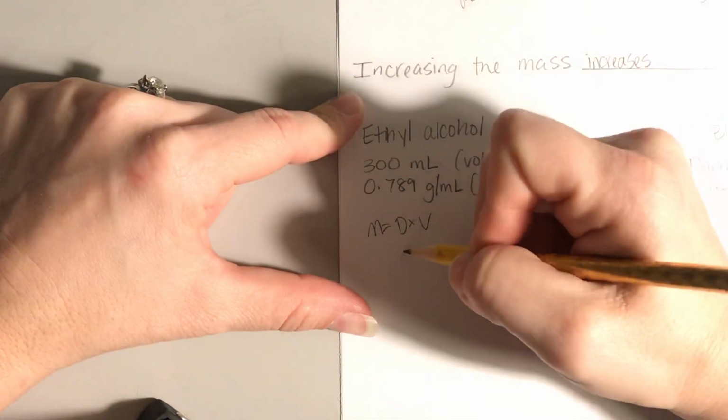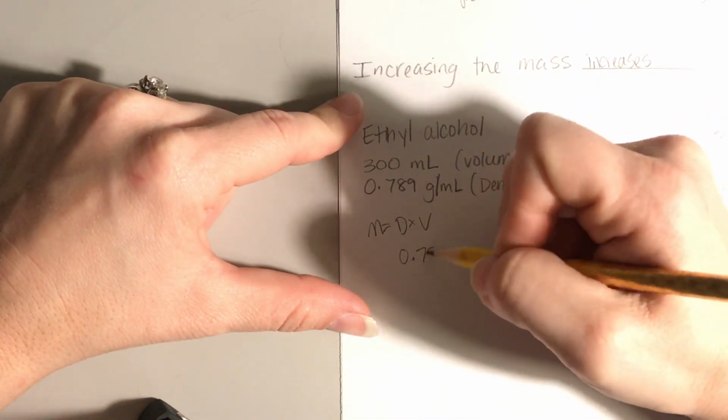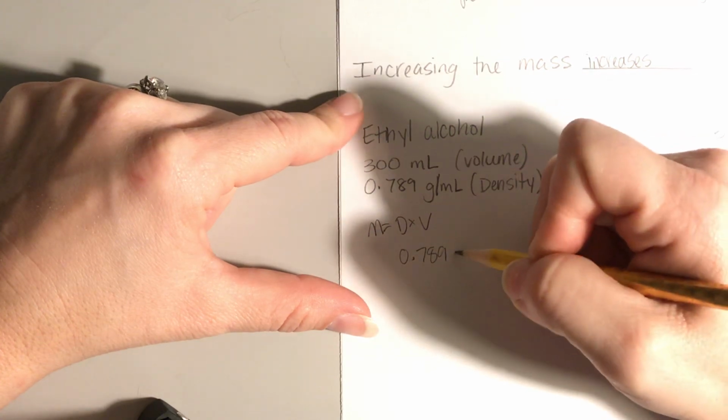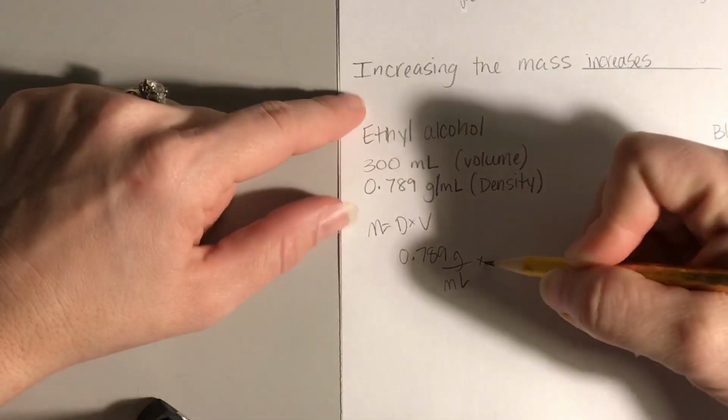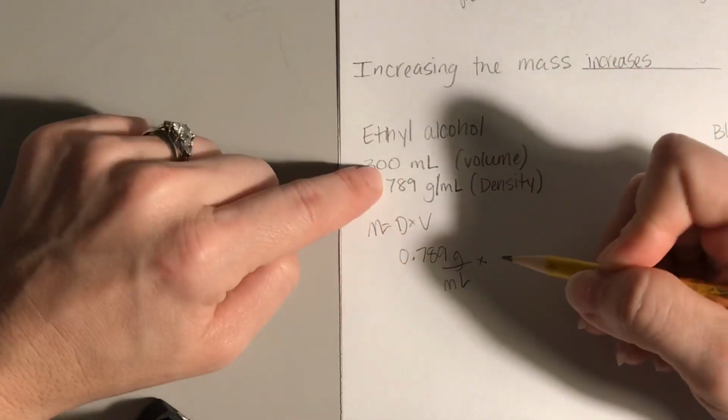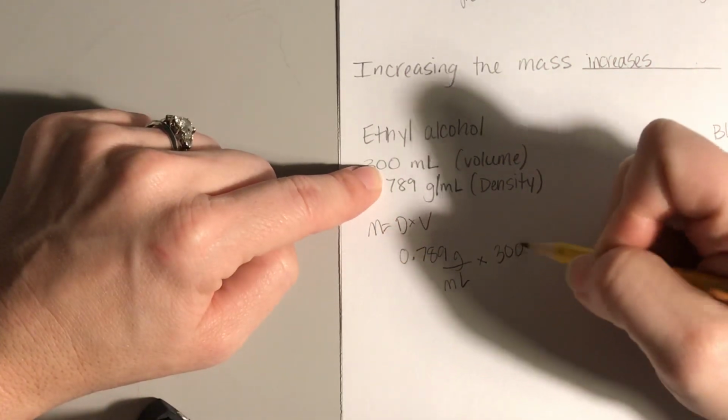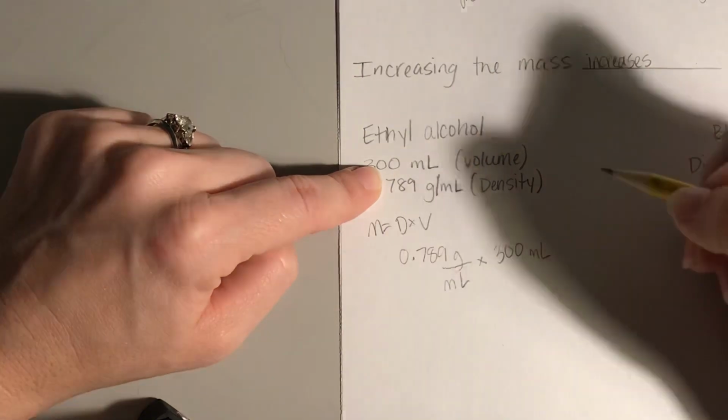The density of this one is 0.789, and this is in grams per milliliter. And we multiply that by the volume, which is 300 milliliters.